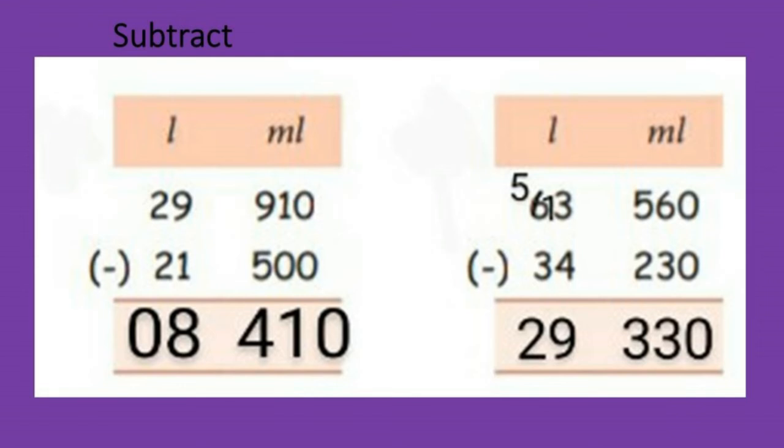Then do the subtraction. 0 minus 0 is 0, 6 minus 3 is 3, 5 minus 2 is 3. 3 is not able to subtract the 4, so we have to get the help of the next number. We can get 13, and that number should be reduced from 6 to 5. So 13 minus 4 is 9 and 5 minus 3 is 2. So the total answer is 29 liters and 330 milliliter.